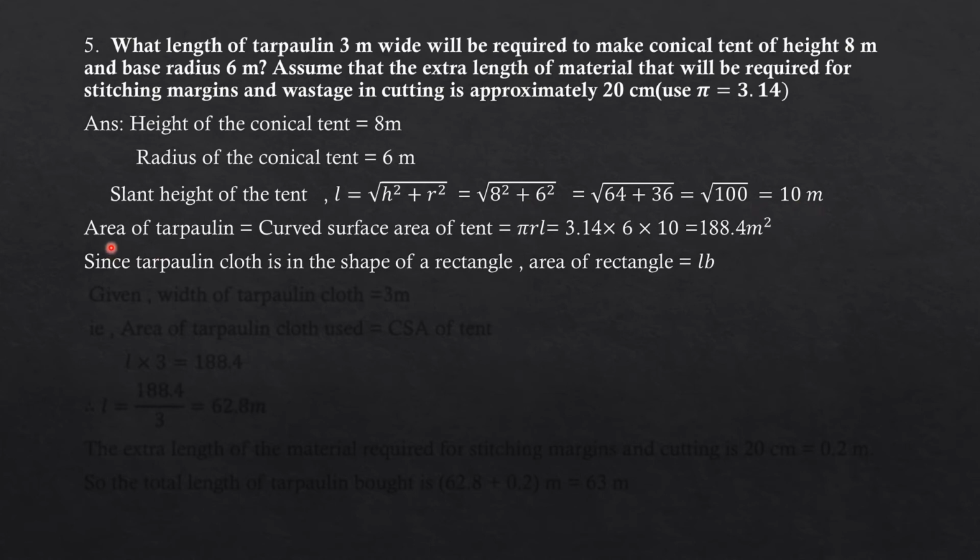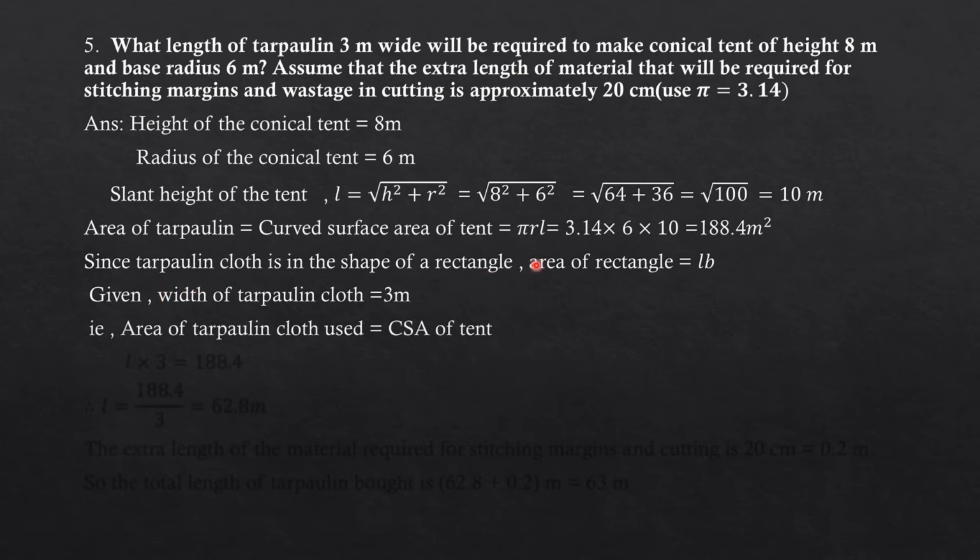We are given that the area of the tarpaulin is equal to the curved surface area of the tent, which is πrl, equal to 3.14 × 6 × 10, which is 188.4 meter square. Since the tarpaulin cloth is in the shape of a rectangle, the area of the rectangle is length into breadth, and the breadth of the cloth is 3 meter.